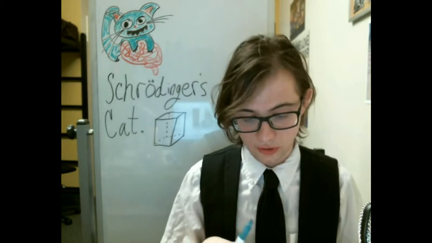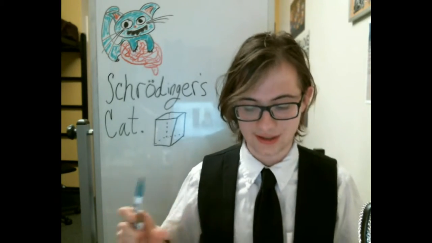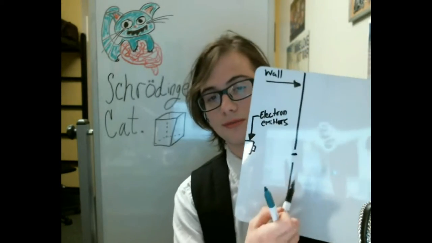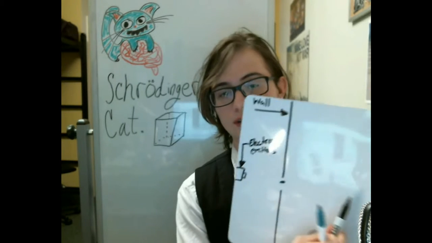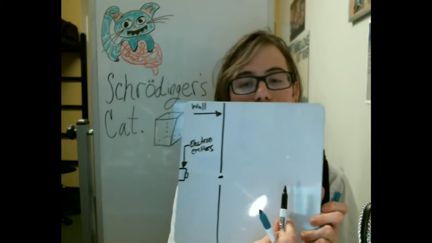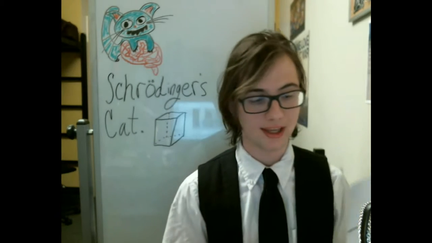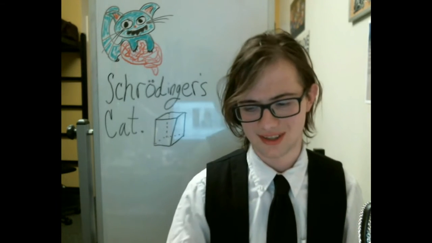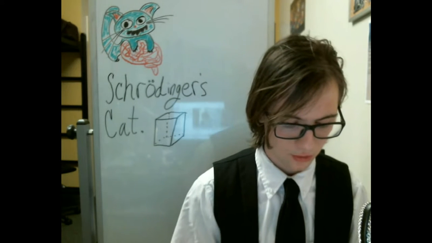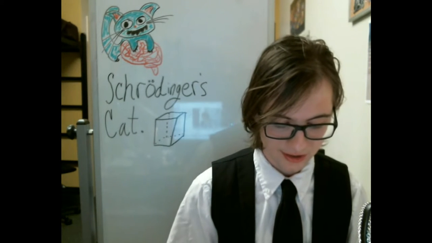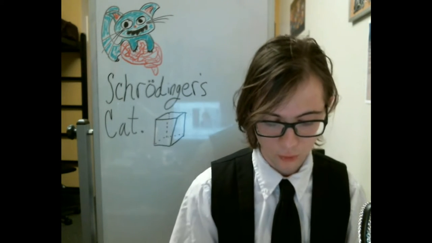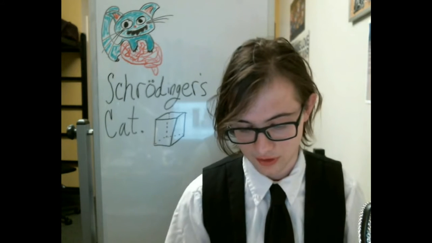But once you added a slit like this, so there's 2 holes to go through, you'd expect just on the other end there to be just 2 distinct spots of where they hit. But that wasn't exactly what happened. What happened was it was more of a wave-like effect, and you got an interference pattern.